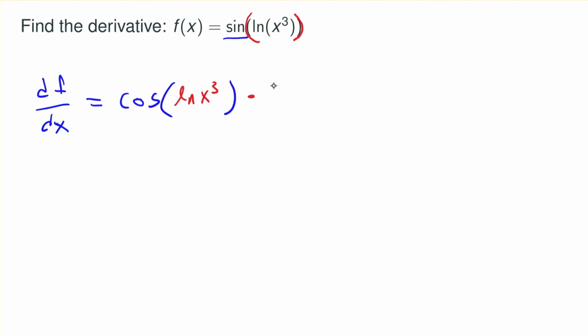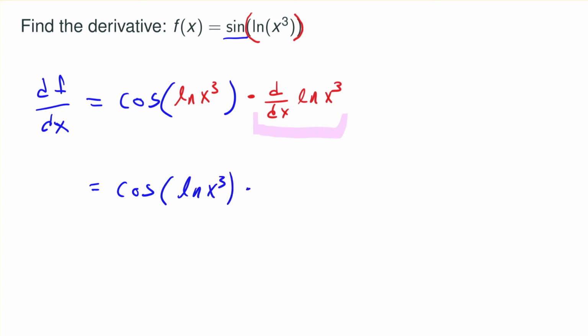Then we multiply by the derivative of ln of x to the third power because of chain rule. But now here we have to use chain rule one more time. So let's keep going. Cosine of ln of x to the third times, now the derivative of ln of x to the third: first it's natural log, so it's 1 over the argument, multiplied by the derivative of x to the third.